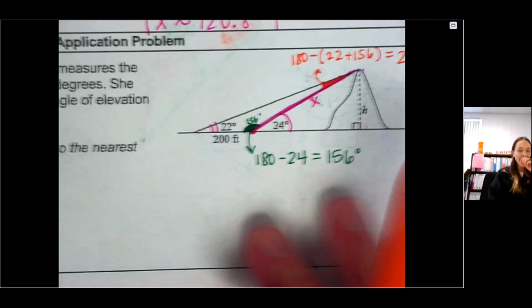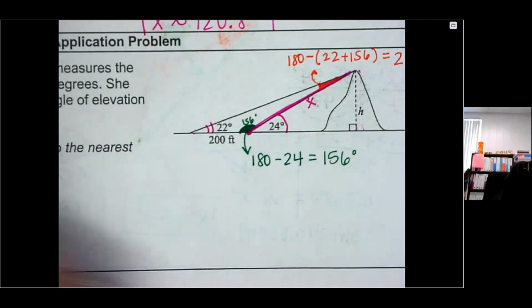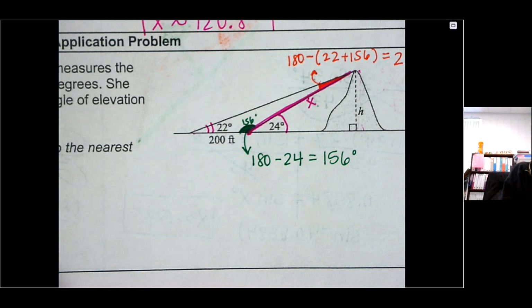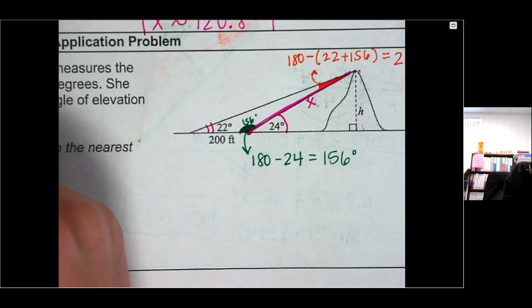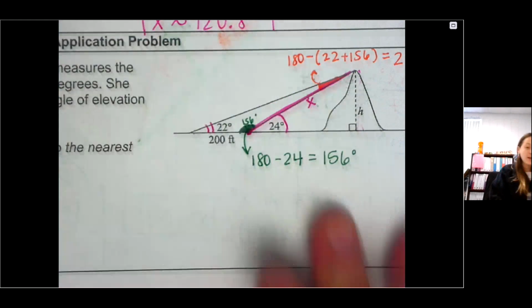Okay. So I now have this funky triangle, and I'm just going to redraw it so that it's a little nicer to see. Okay, here's what that triangle looks like on the left there.